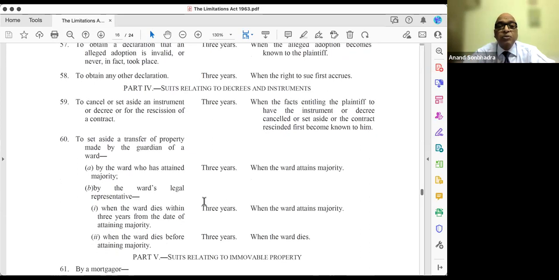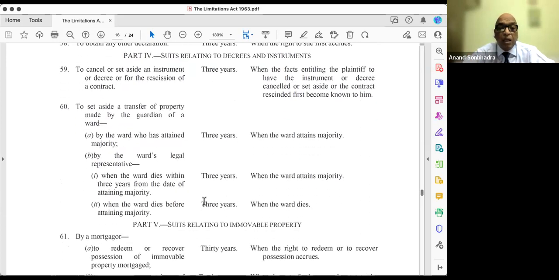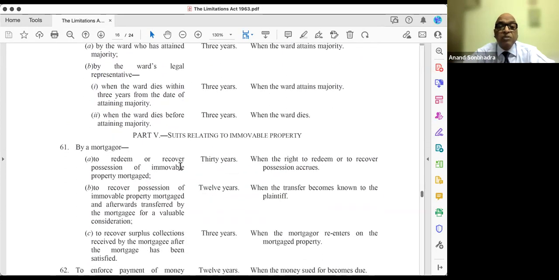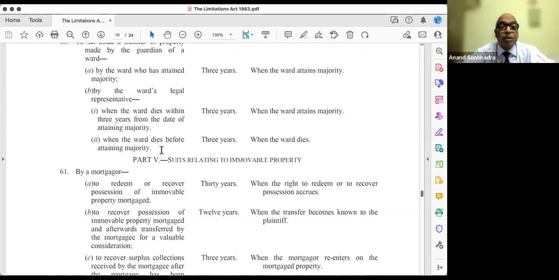Part 4 deals with suits relating to decrees and instruments. Then part 5 deals with suits relating to immobile property. This is where you will see the time period change.